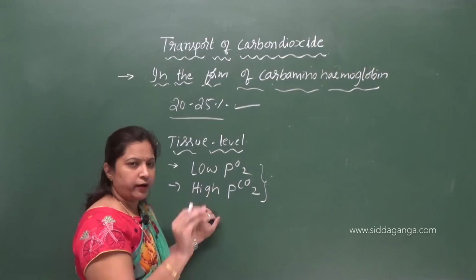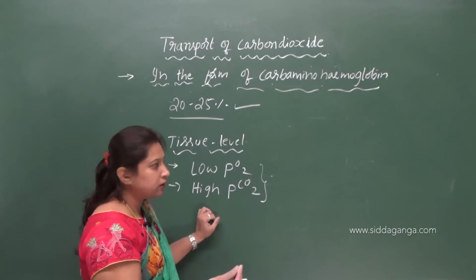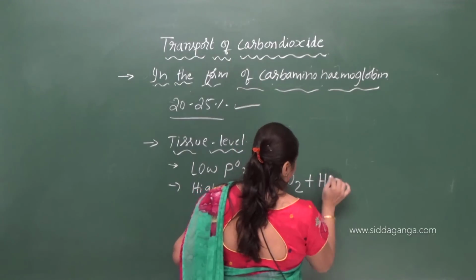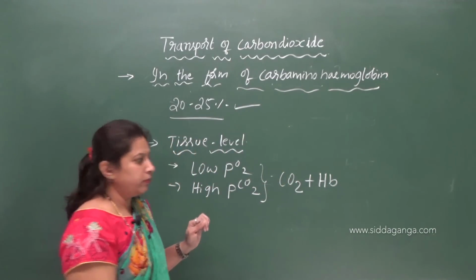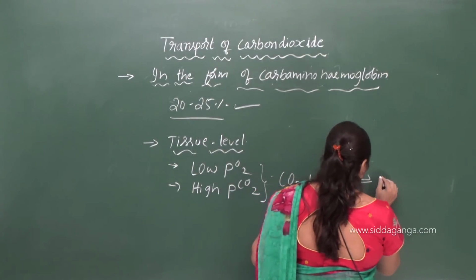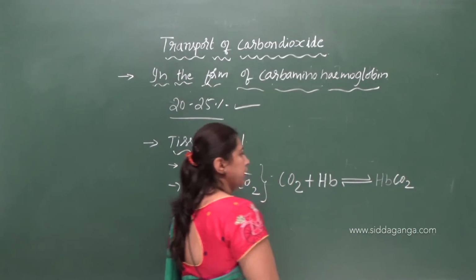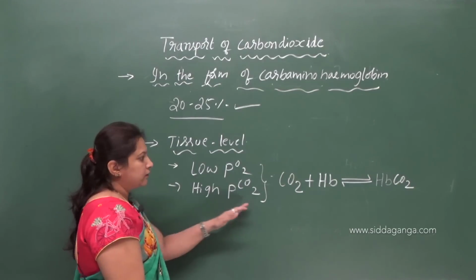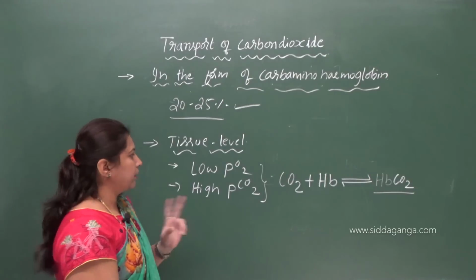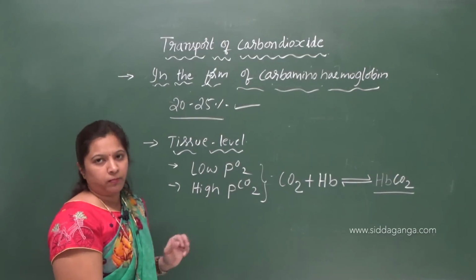In the RBCs, 70% is transported in the form of bicarbonates, and the remaining 20 to 25% of carbon dioxide combines with the hemoglobin and forms a temporary complex called carbaminohemoglobin. So this formation of carbaminohemoglobin occurs at the tissues, because of two factors: low partial pressure of oxygen and high partial pressure of carbon dioxide.